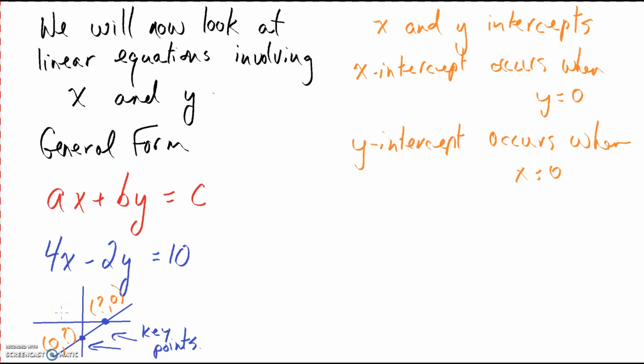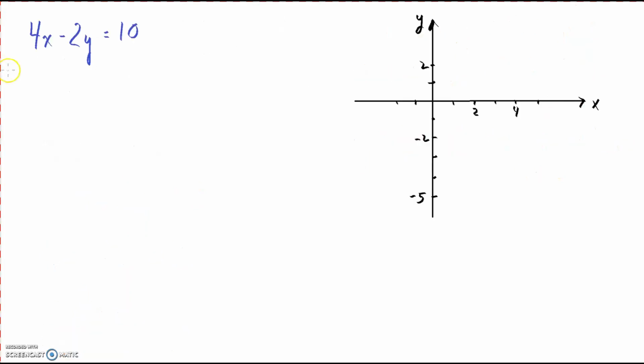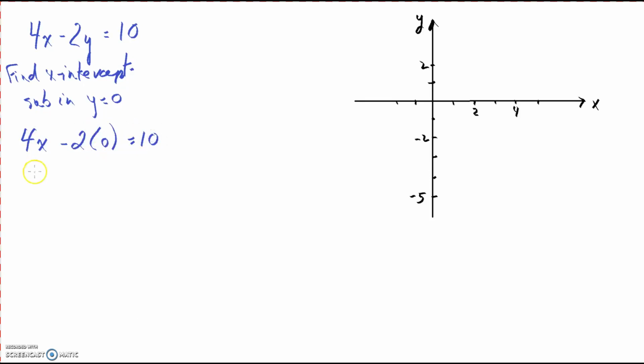So let's do this example. Okay. To find the x-intercept, I want to sub in y equals 0. So 4x minus 2 times 0 equals 10. That gives me 4x. This is all 0. So 4x equals 10. x equals 10 over 4, or x equals 2.5.